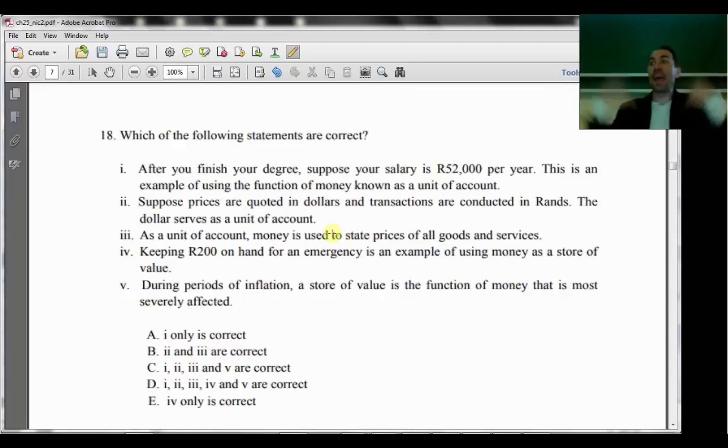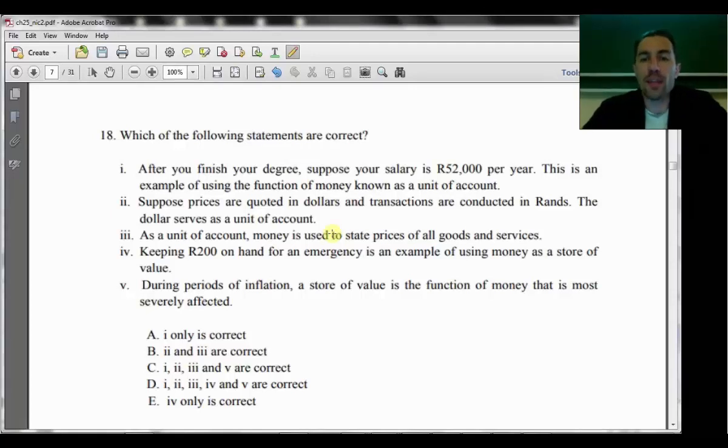If I get paid, right, I go somewhere and I actually get paid something, right? I exchange my labor, okay, and get paid for exchanging my labor in money, then that money would be functioning as medium of exchange, okay?